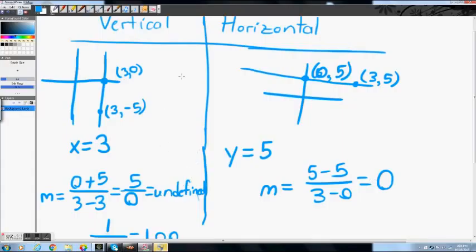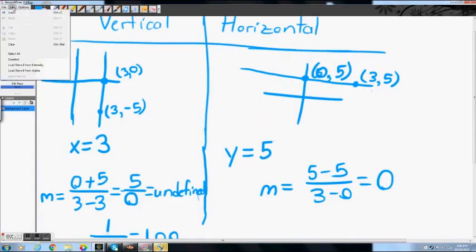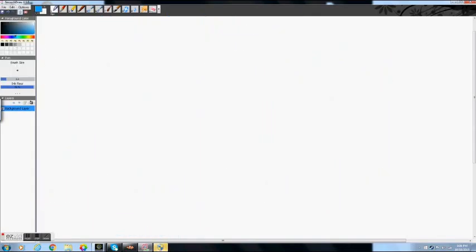The rate of change here is 0, basically because it would take an infinite amount of time for it to increase vertically. Because it doesn't increase vertically, the slope is 0. Okay, that's all we're going to say on that.